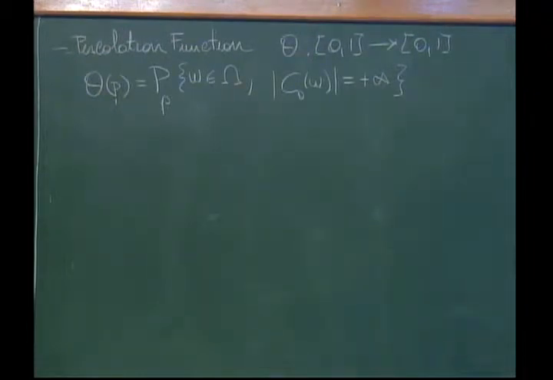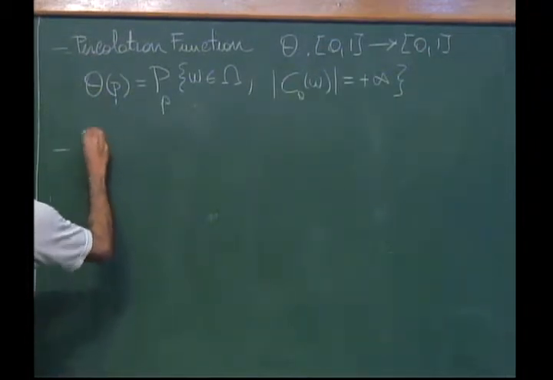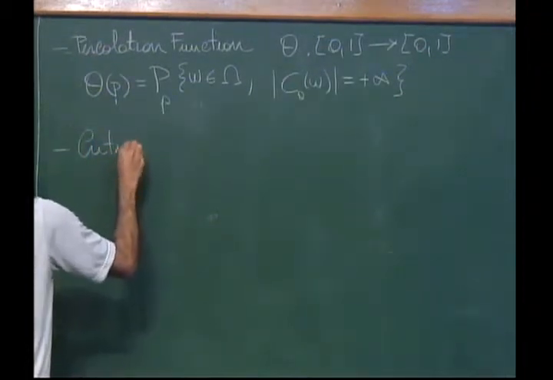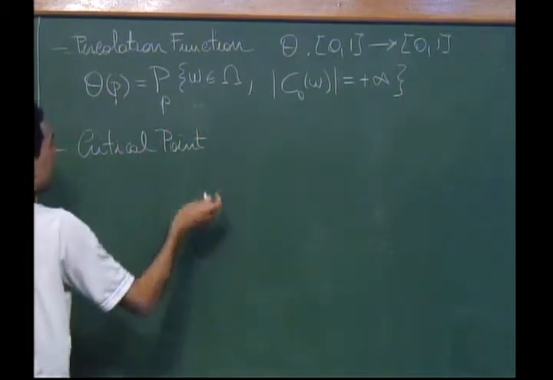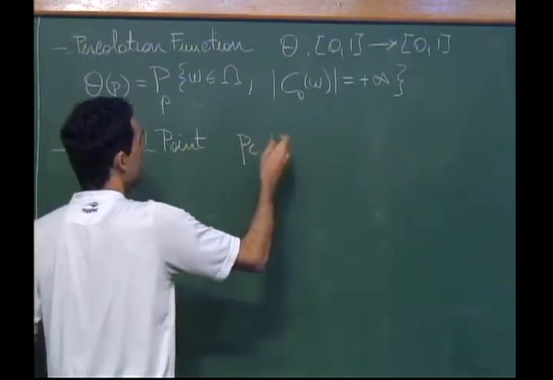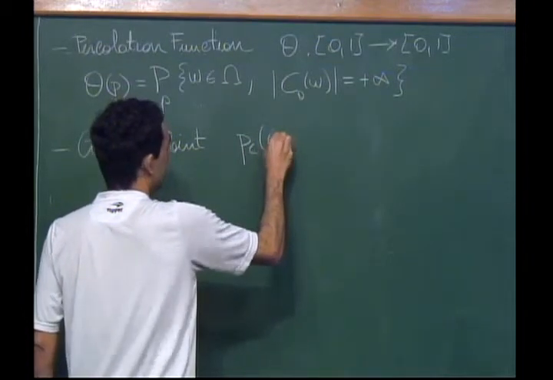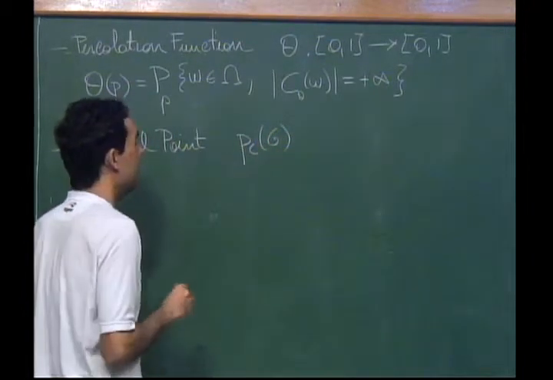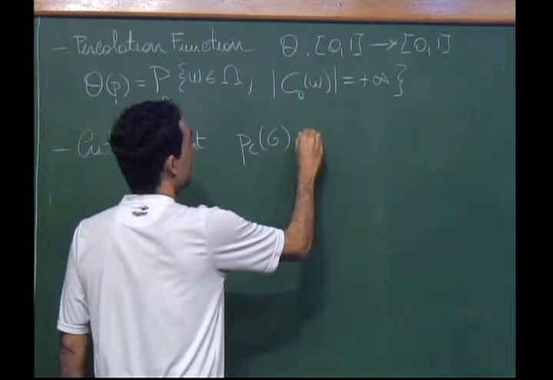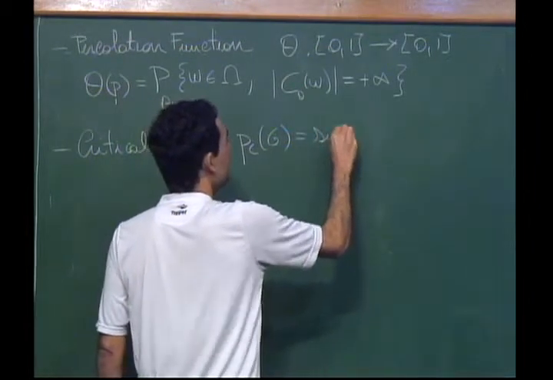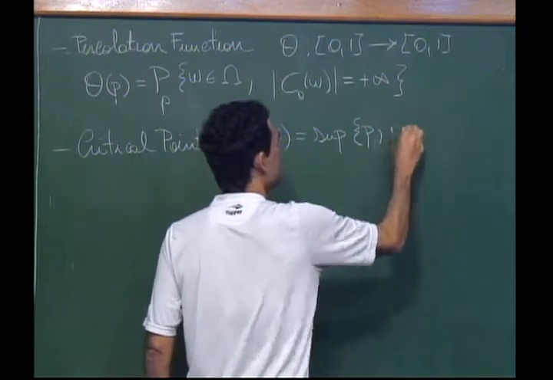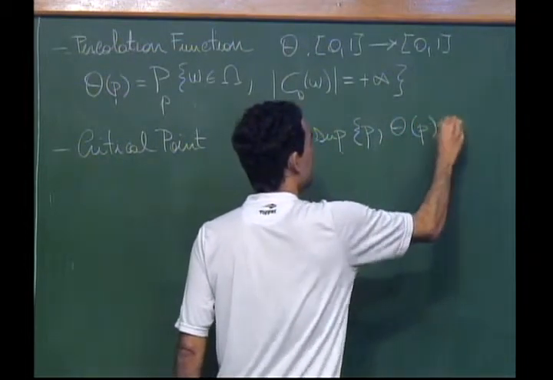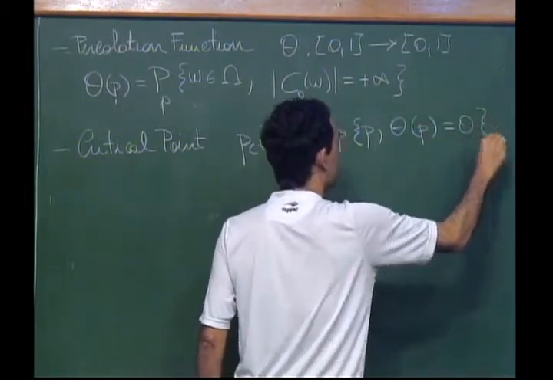Okay? And I define the critical point p_c. This p_c in general depends on the graph, and is the supremum of the set of p such that theta(p) is 0.